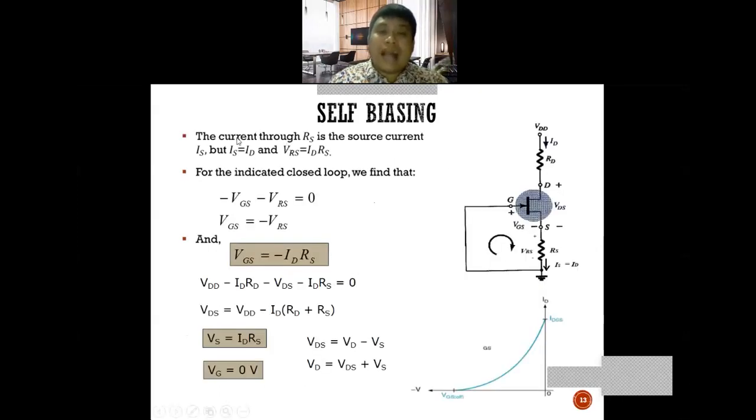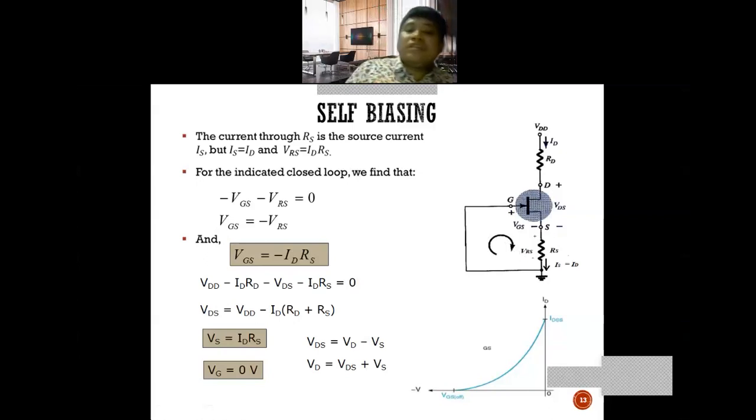The current through RS is the source current IS, but IS equal to drain current ID because it is the same channel, same direction. VRS equal to ID times RS. For the indicated closed loop, we find that negative VGS equal to VRS.